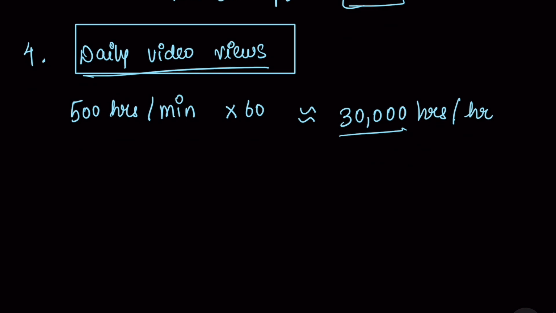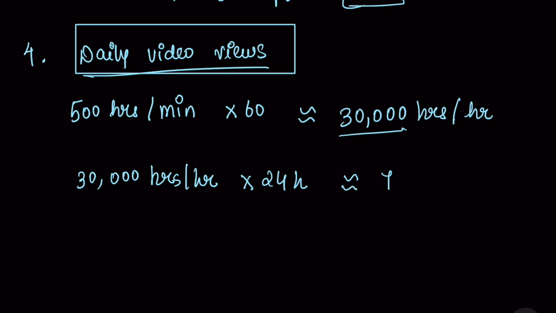And if we calculate it for the day, 30,000 hours per hour multiplied by 24 hours, this will approximate to 720,000 hours of video per day. In the Indian system we say it like 7,20,000.